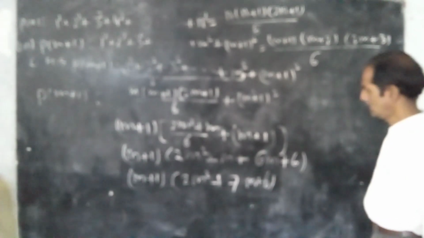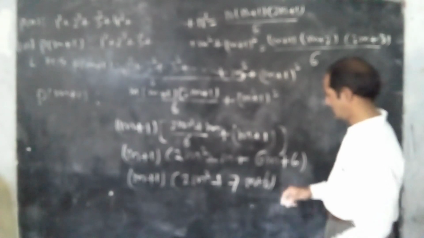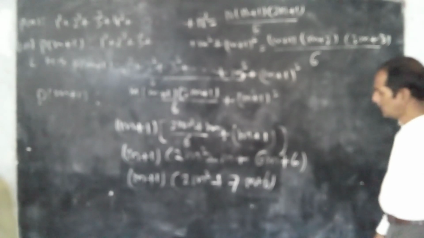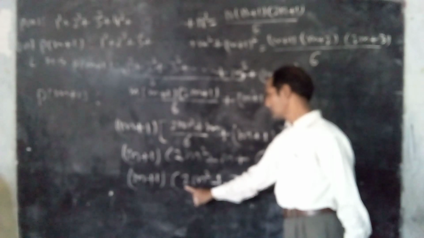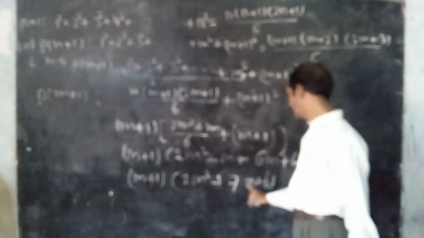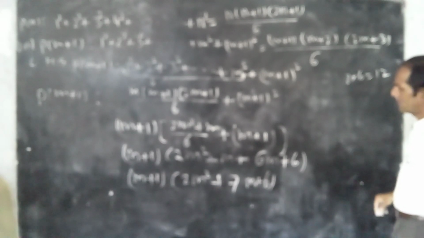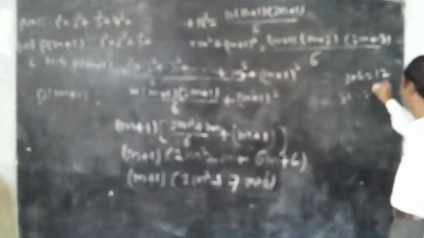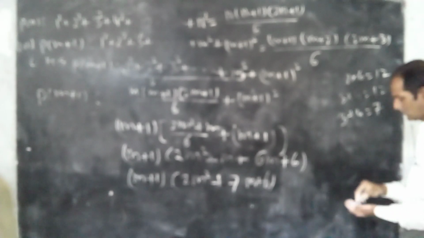Now we factorize this quadratic expression. We use middle term splitting. Multiply the coefficient of m square with the constant term: 2 into 6 is 12. Now we factorize 12, such that the sum is 7 and the product is 12. So 3 into 4 is 12 and 3 plus 4 is 7.